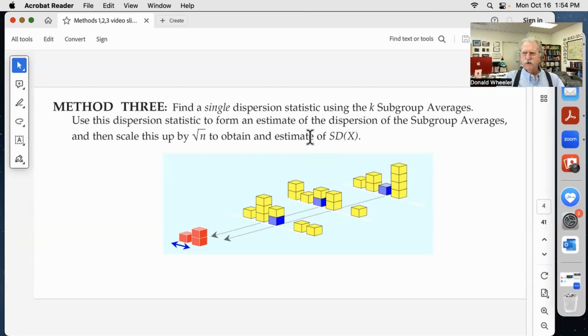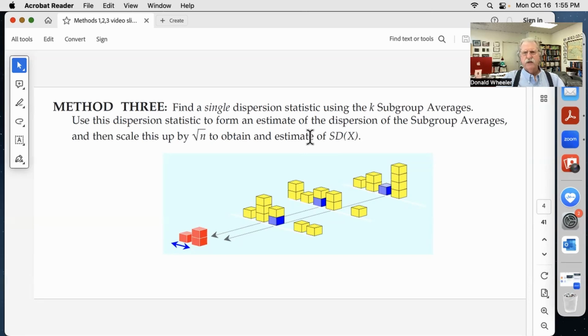If we measure the dispersion on the X-bar plane, then we're going to estimate the standard deviation for X-bar directly. And then we scale this estimate up using the formula in the middle of page 24 in reverse. We multiply by the square root of n to jump from the X-bar plane back up to the X-plane. So this is a two-part sneak up from below indirect method. Those are the three methods.